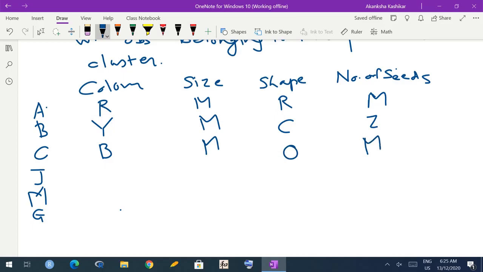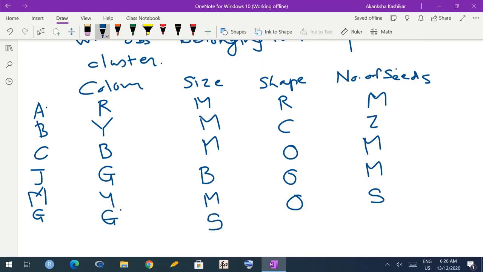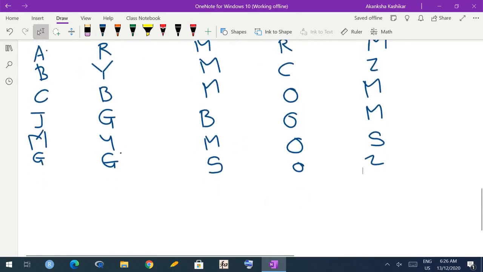For jackfruit, color is green, size is big, shape is oval, and number of seeds is again many. For mango, color is yellow, size is medium, shape is oval, and number of seeds is single. You have only one seed. For grapes, we are taking green grapes, size is small, shape is again oval, and number of seeds we will take 0. Seedless grapes. So this is my data.